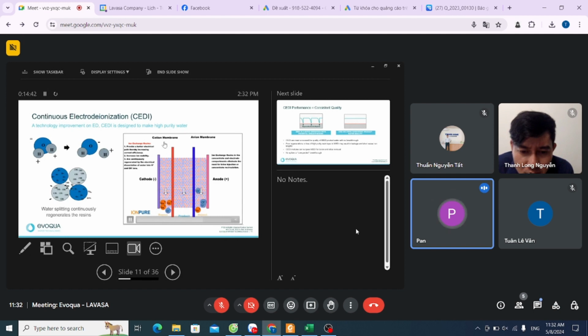When you have current passing through, the H2O is going to split into H plus and OH minus. These two things are like the acid and the caustic. If you use a mixed bed and run water through, the quality goes down, and afterwards you have to use real chemicals, the acid and the caustic, to regenerate the resin. But in the EDI module, the acid and the caustic are formed by the H2O.